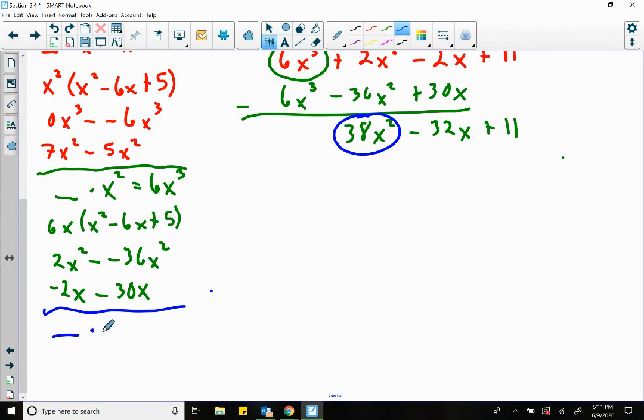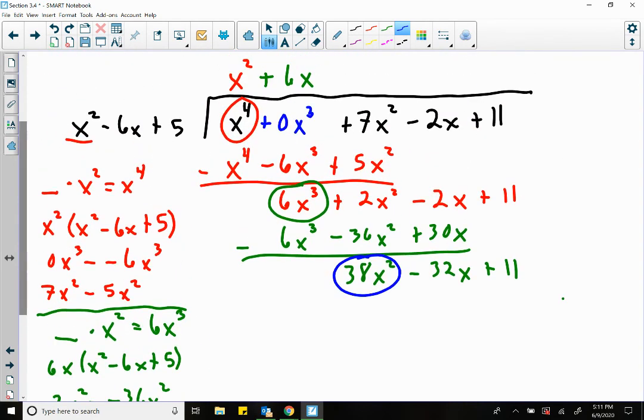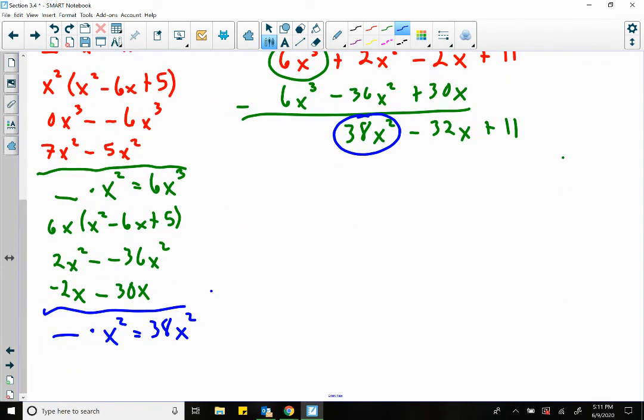What times x squared gives us 38x squared? And hopefully you say that's a positive 38. And so we're going to take 38 times x squared minus 6x plus 5. Okay?